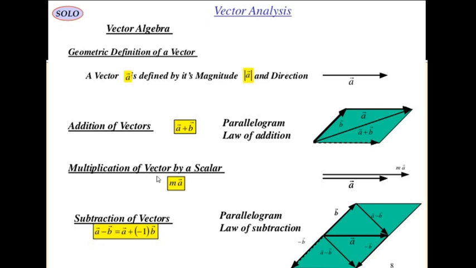In the same way, for multiplication of a vector by a scalar, M is a scalar and you multiply it with A, so M times A becomes a little bit larger.